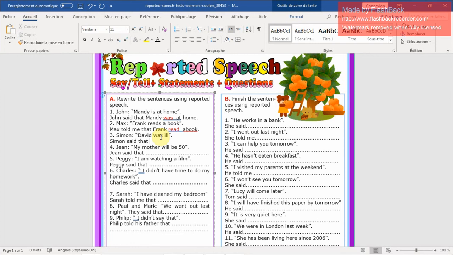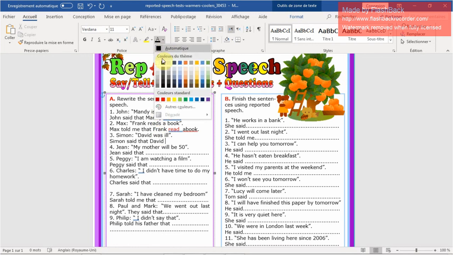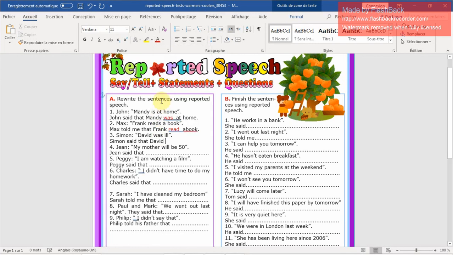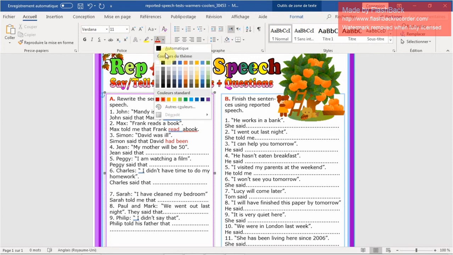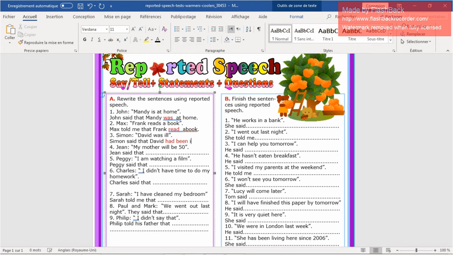Been. This means the verb to be in past perfect is had been. So Simon said that David had been ill.